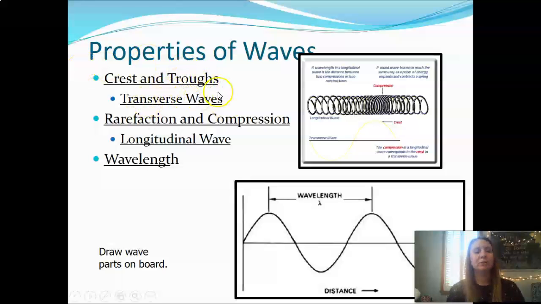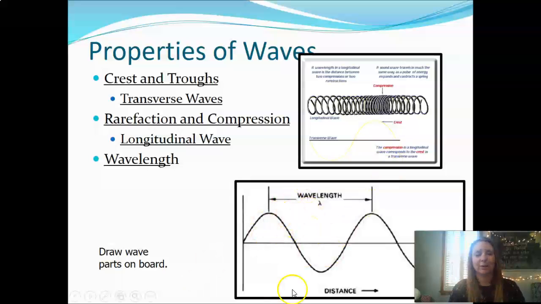For a transverse wave, we are going to be looking at 2 different parts of it, which are our crest and our trough. Our crest is the high point. I always think of the ocean, where it's going to crest before it crashes into the shore. The trough is the bottom part, kind of like where a cow or a pig eats out of a trough.